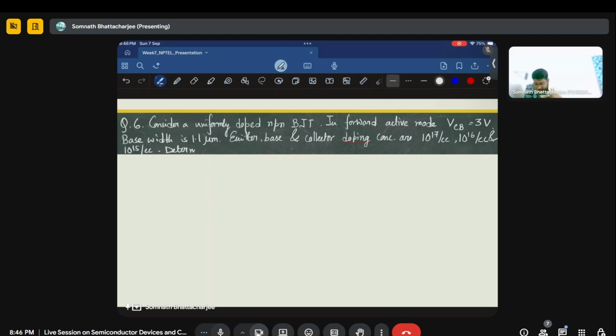Determine the base emitter voltage such that the minority carrier concentration at x equals 0 is 10% of the majority carrier, that is the whole concentration.